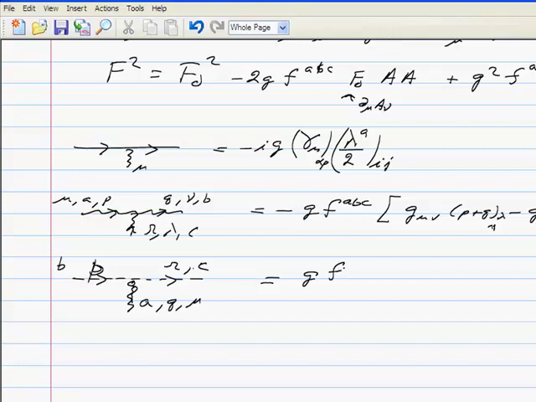This is g f A B C R mu. So it's the outgoing particle's momentum is what enters it, and only that.